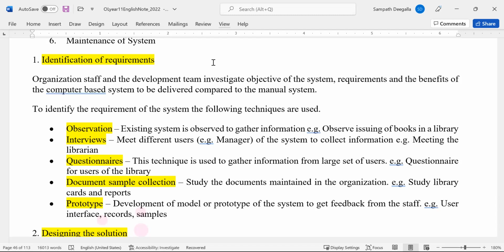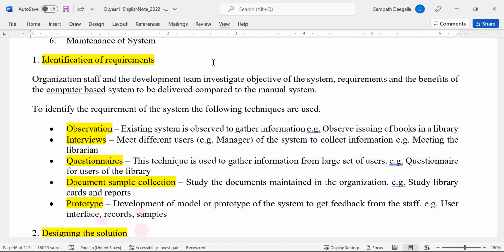But to collect these requirements, we have to use different techniques, like observation for one thing, right? That means if the development team doesn't have a clue what is happening in a system, they can just observe and note down what is happening. For example, let's say we want to build a system in a library.